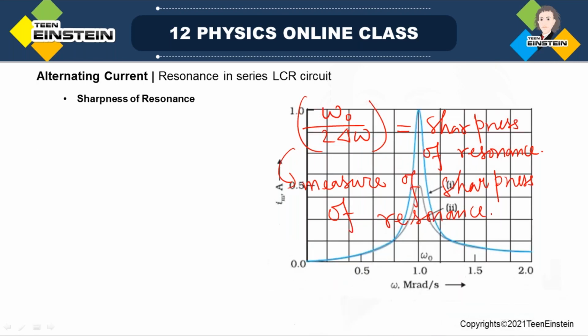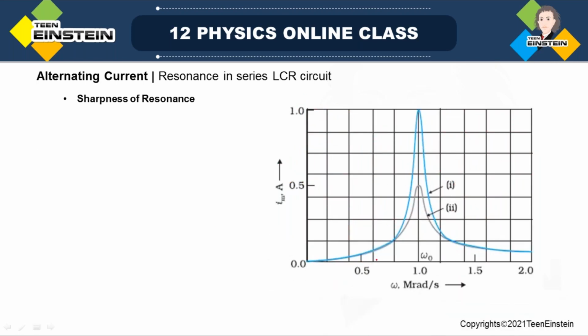So we'll take up the resonance curve. You see here, if I consider two omega values, one is omega 0 plus delta omega, on the right-hand side, somewhere here, omega 1, and another frequency omega naught minus delta omega, on the left-hand side at a symmetric place, omega 2.